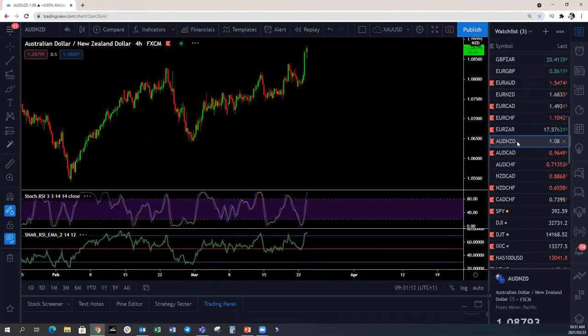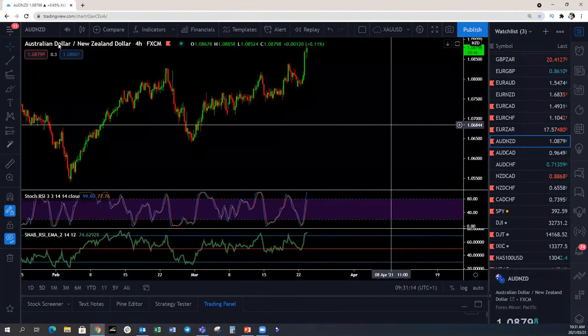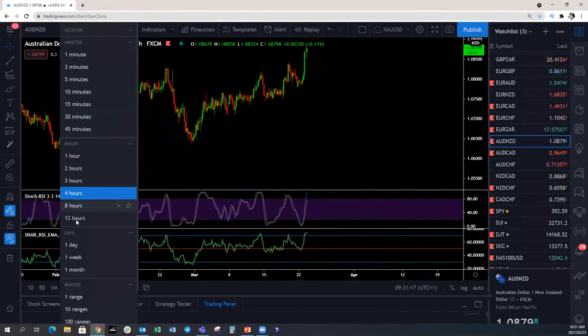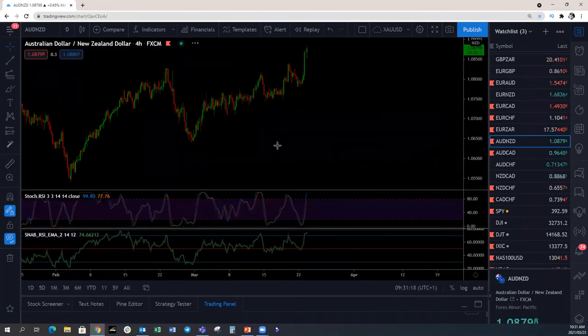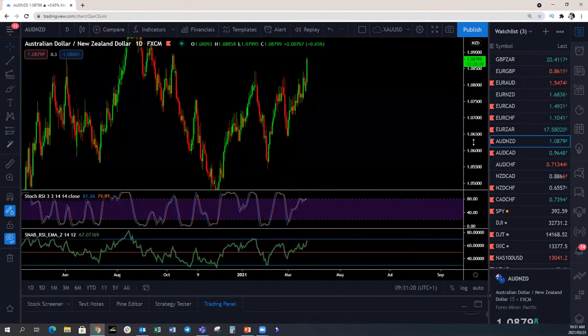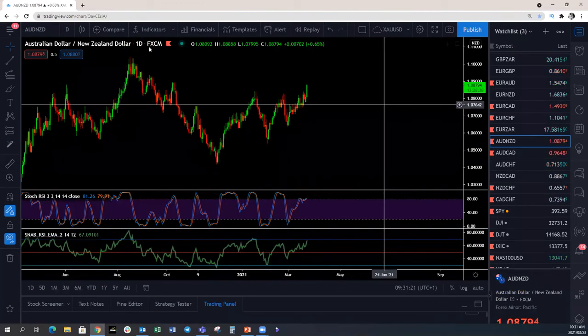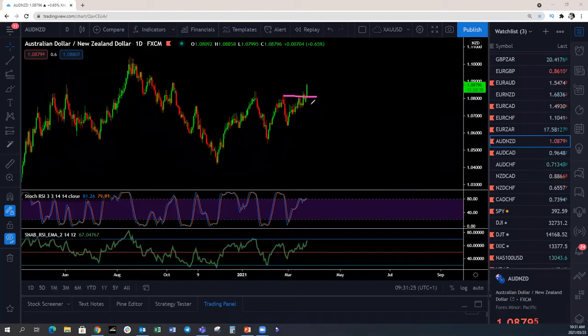Audi New Zealand, structure completely changed here. 4 hour, let's go to the daily. We were looking for this to give us a sideways structure here. We never got a confirmation for this to come down here. So the structure looks to be changing here. We've got a 1, 2, 3 to the upside.